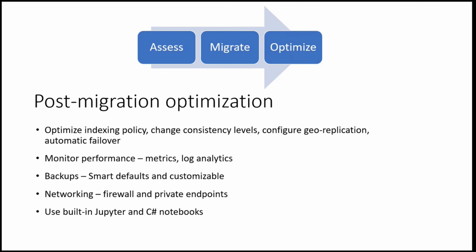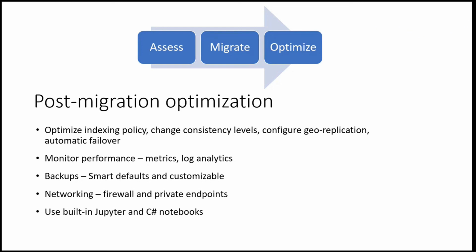We have 5 consistency levels available to choose from, ranging from strong to eventual consistency. So choose the best one for your application and workload. You can configure geo-replication and add or remove regions as you need. For automatic failover, make the best use of HADR. You would probably have planned this in advance, but you can change and tweak it later as per your requirements as well.